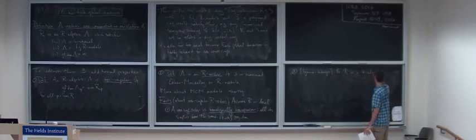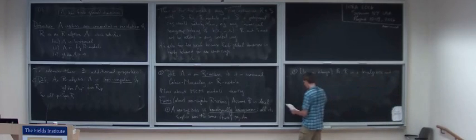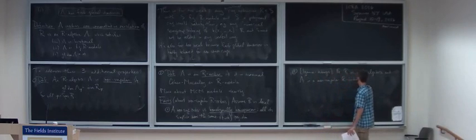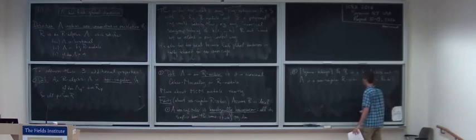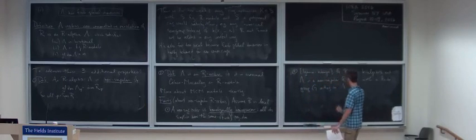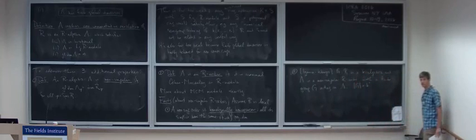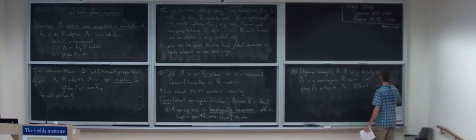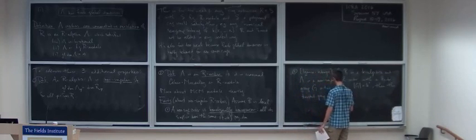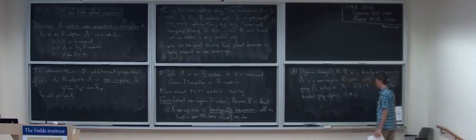If R is a K algebra, some field K, and lambda is a non-singular R order, then, with a finite group G acting on it, and I also should assume the order of G is invertible, then the twisted group algebra lambda hash G is also a non-singular R order.